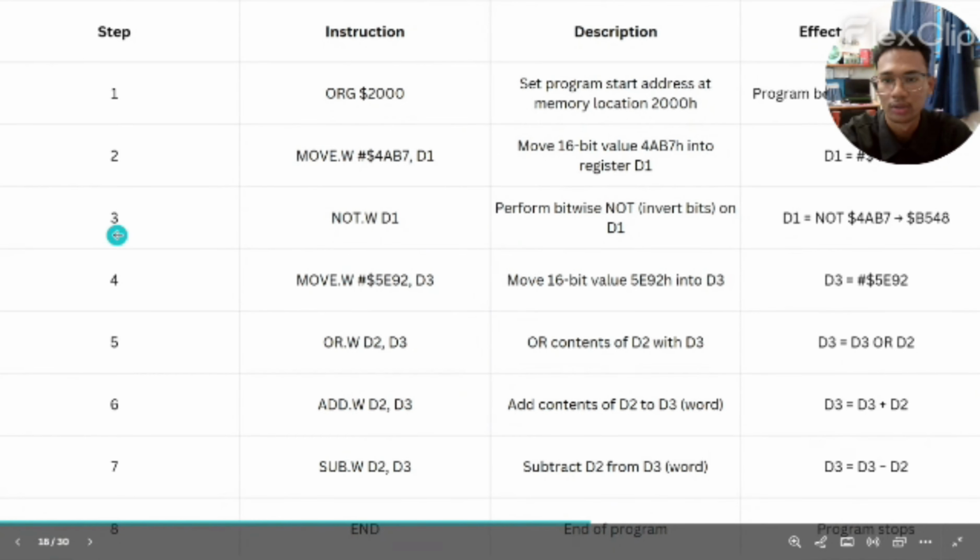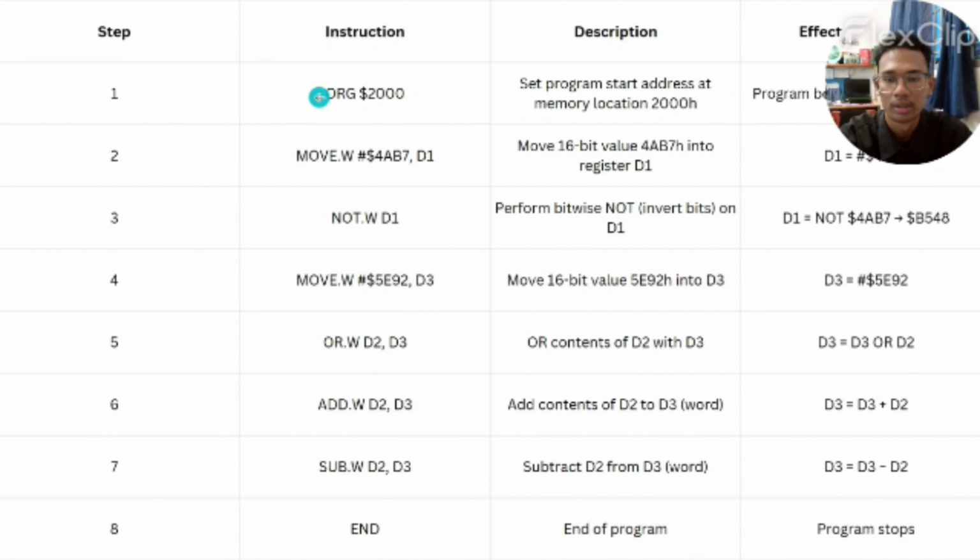registers. So first, step number one, like I said just now, the instruction is ORG 2000. The description of this instruction is to set the program start address at memory location 2000H. The effect on the register is that the program will begin at address 2000.